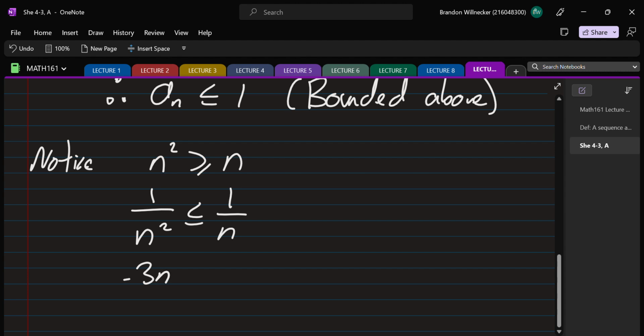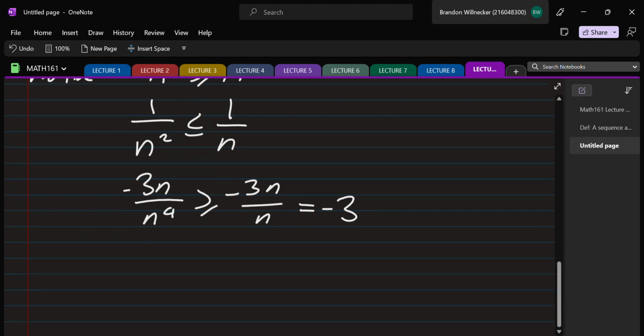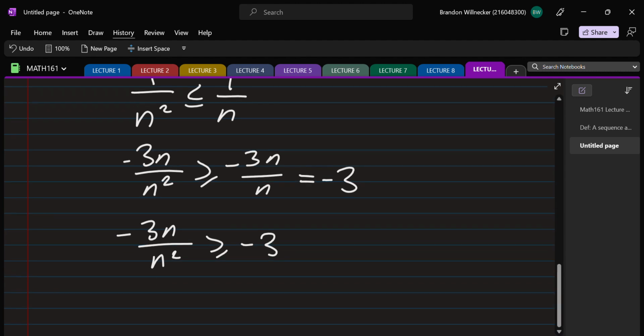So minus 3n over n squared is greater than or equal to minus 3n over n, but that's just minus 3. So minus 3n over n squared is greater than or equal to minus 3.